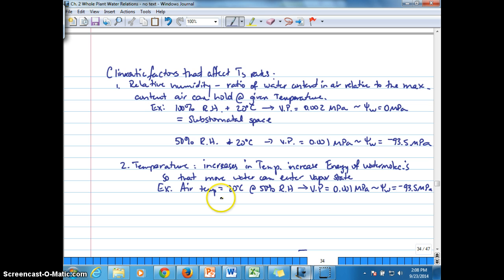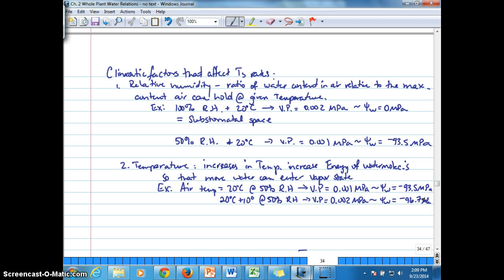Now let's say we add 10 degrees to 20, which is 30, at 50% relative humidity. That's going to produce a vapor pressure now of 0.002 megapascals. But in this case, because of the increasing temperature, the water potential is going to drop to negative 96.7 megapascals.